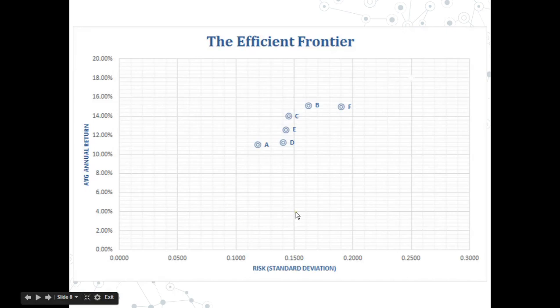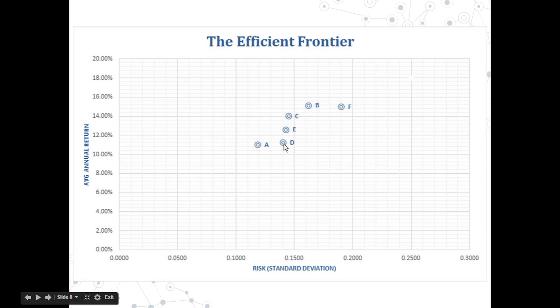So just eyeballing the previous table, we were unable to see which of the portfolios offered a better risk-return trade-off. But as we can see in this graph, it looks like A, C, and B are the portfolios that lie closer to the efficient frontier.